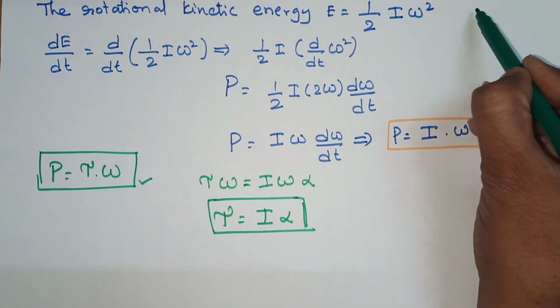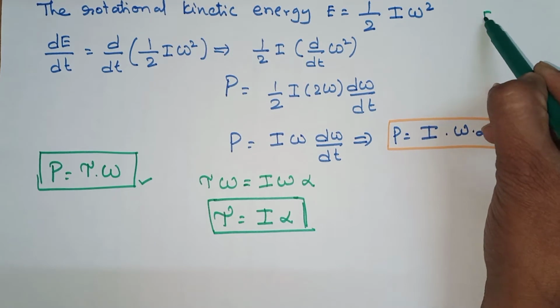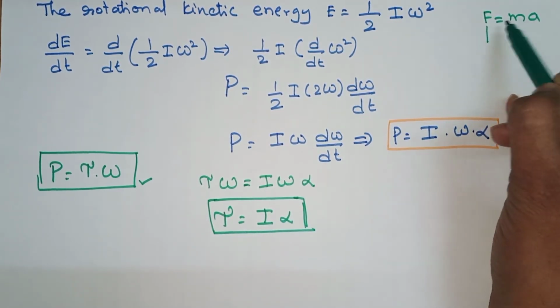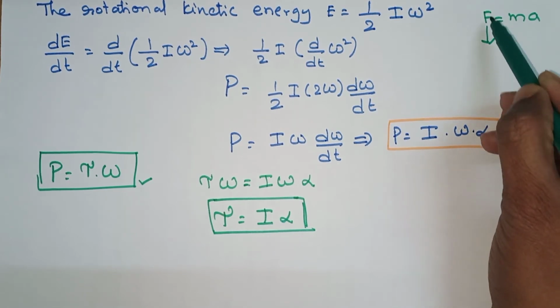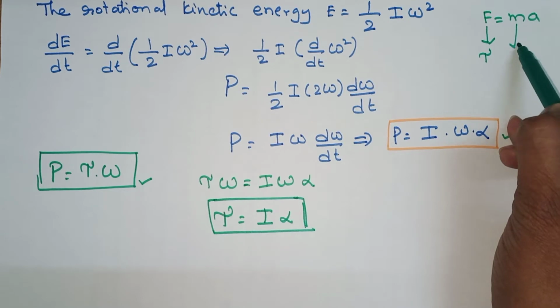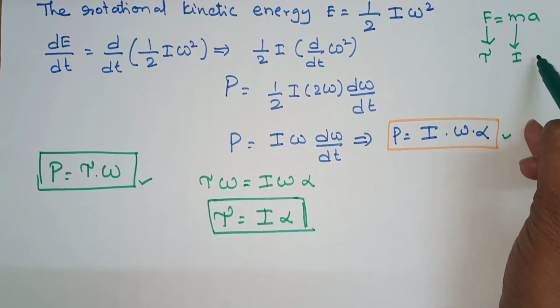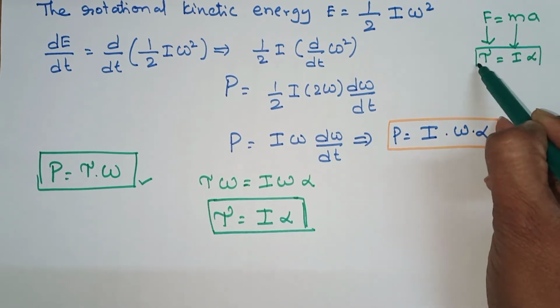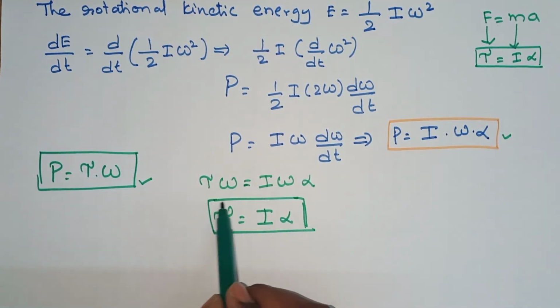Remember the equation F is equal to ma. This is translational motion. Now coming to rotational motion, F becomes tau, m becomes I, a becomes alpha. So tau is equal to I alpha. This is a new relation.